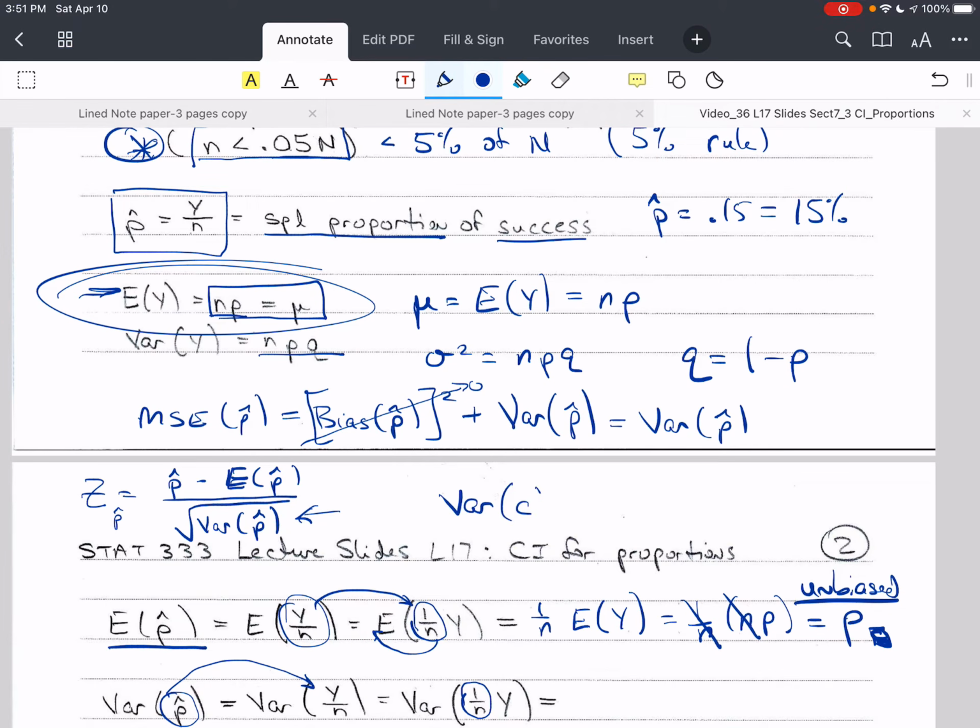Variance of c times X is equal to c squared times the variance of X. So we end up with 1 over n squared, because 1 times 1 is 1, over n squared.